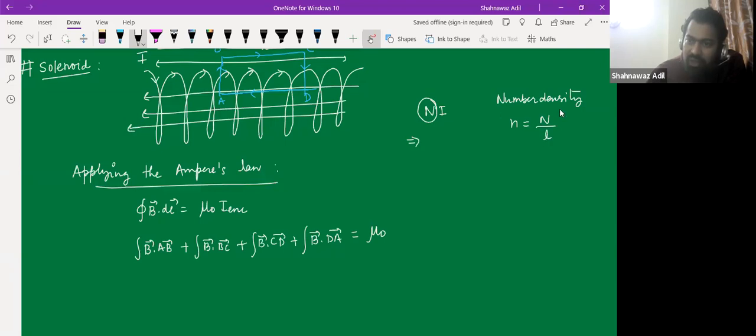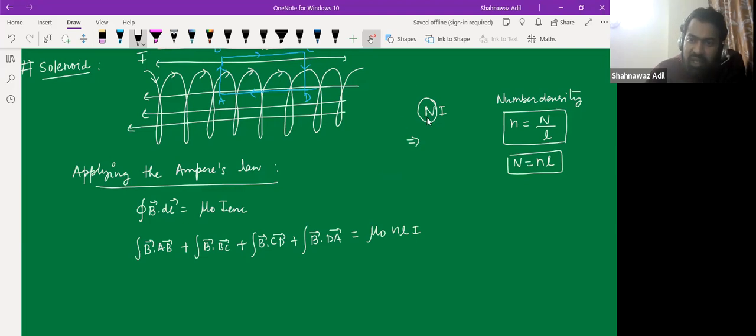Let's say this is your n. So the number of turns in length l would be nl, and the current passing through this region would be nlI, the total current.